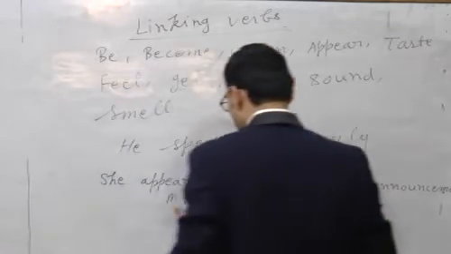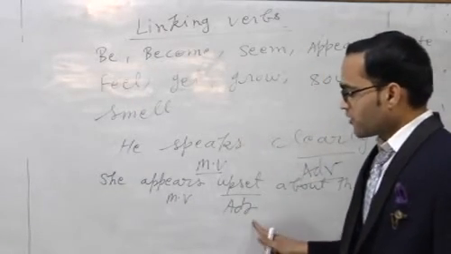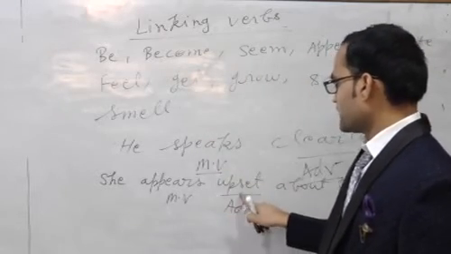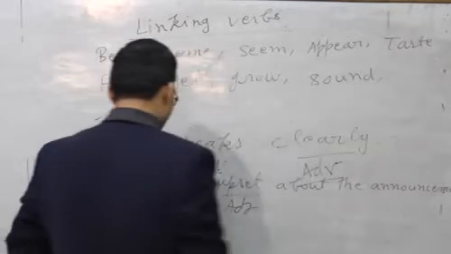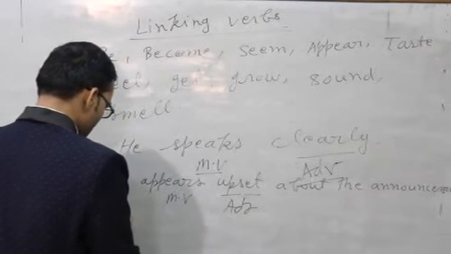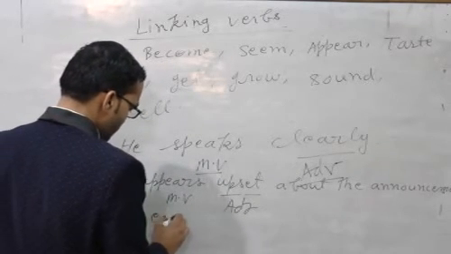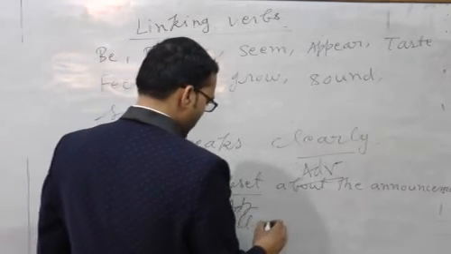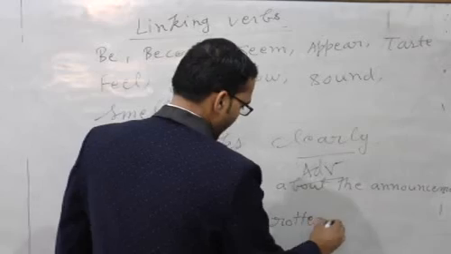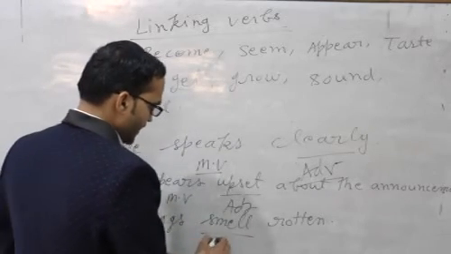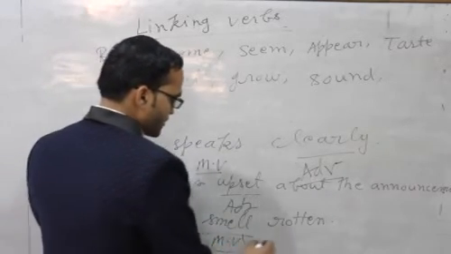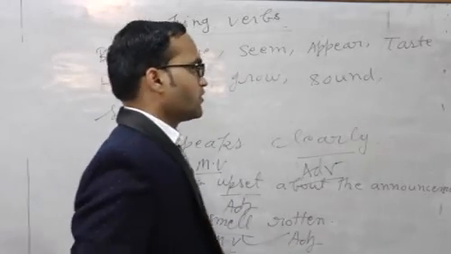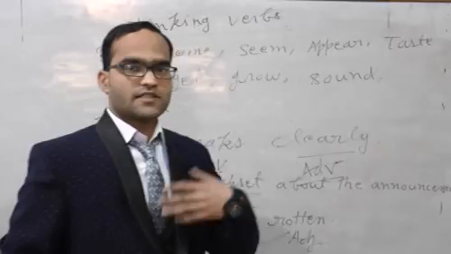We cannot use an adverb here because these verbs are always followed by an adjective. Clear? Next example, these eggs smell rotten. Again, smell is the main verb, and after the main verb I have used an adjective. We cannot use an adverb here. Okay class, so in the next class we will discuss the next topic.